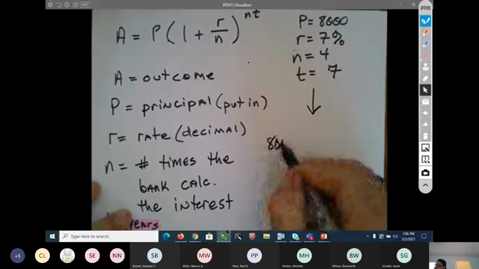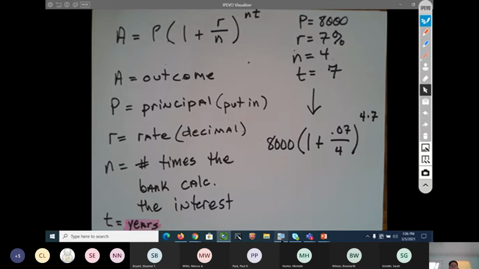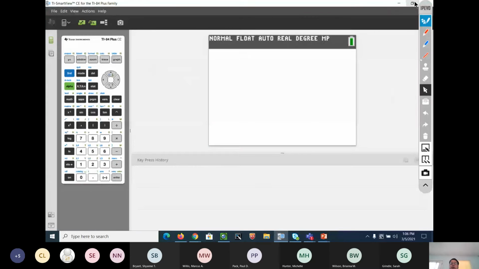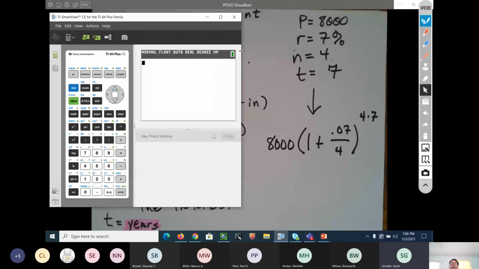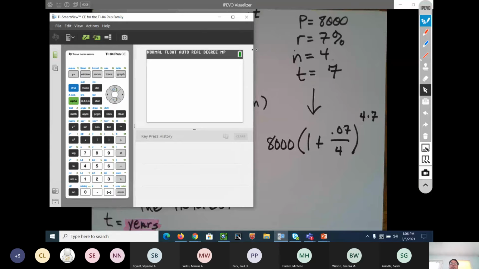That's going to be 8,000 times 1 plus 0.07 over 4, raised to the 4 times 7 power. I'm going to make it small so we can see what we're doing here.